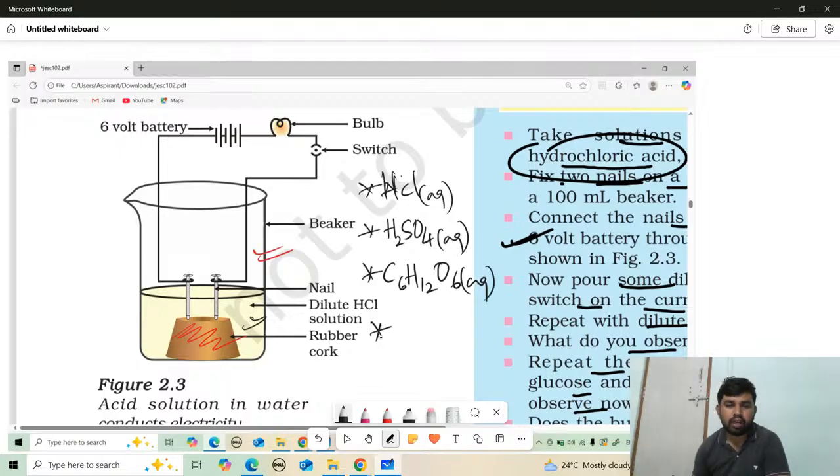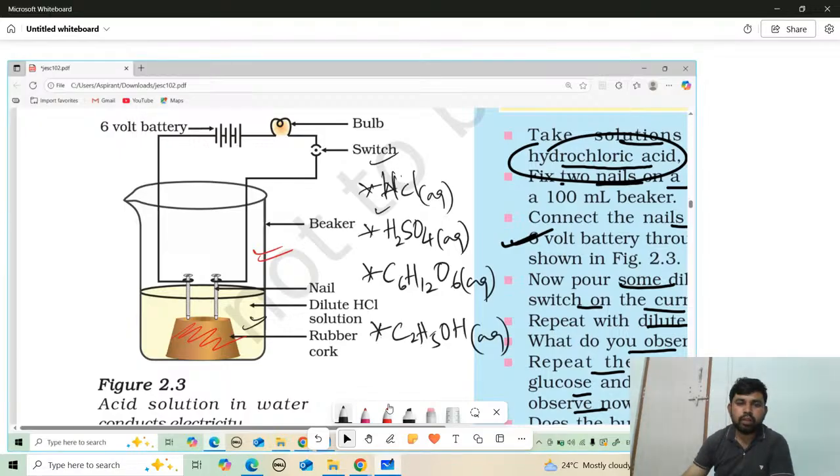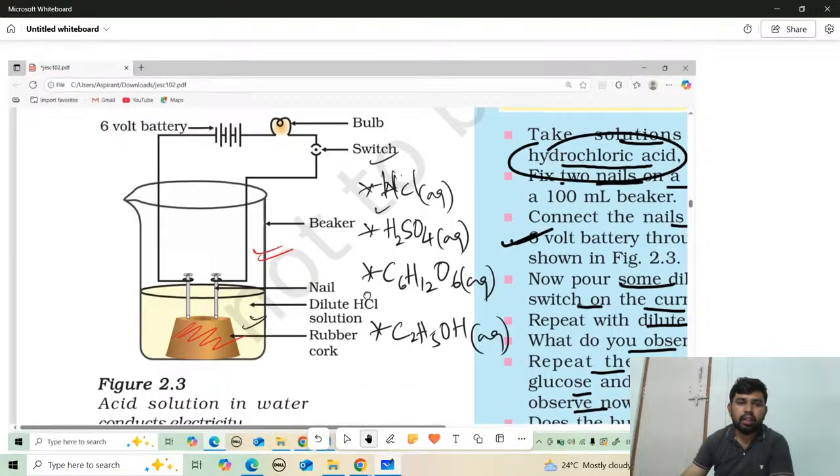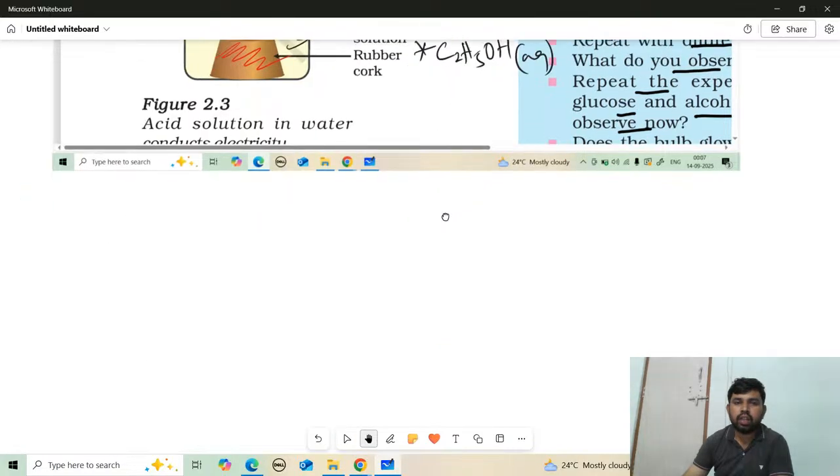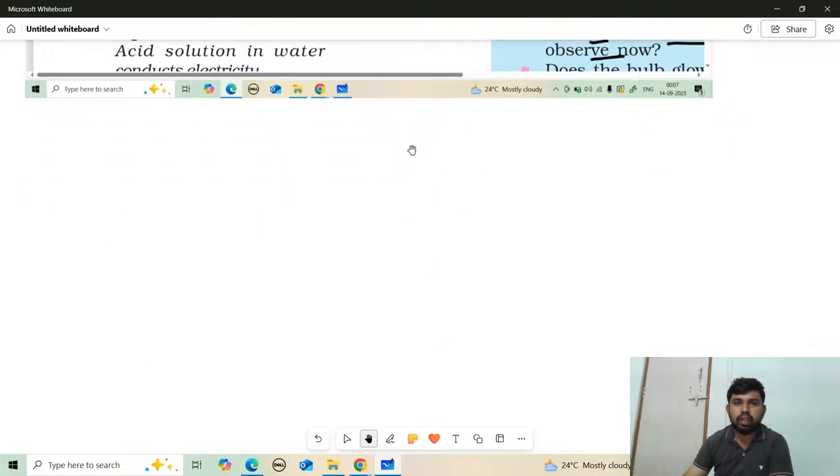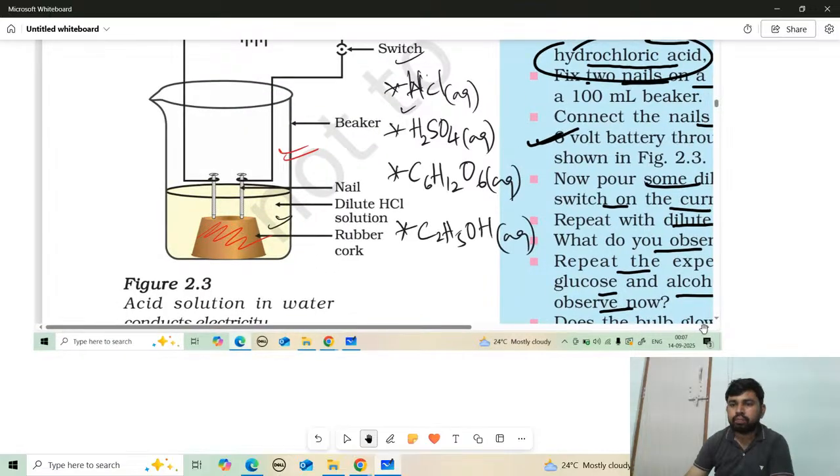Then they took alcohol, C2H5OH, also an aqueous solution. They want to verify what the common things are. You can see hydrogen, H2. Here there is a diagram. Now in this activity, try to understand what they want to conclude here.